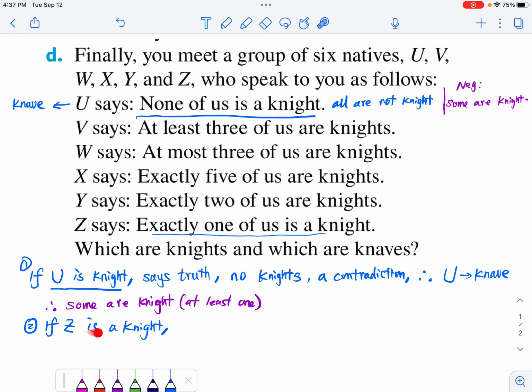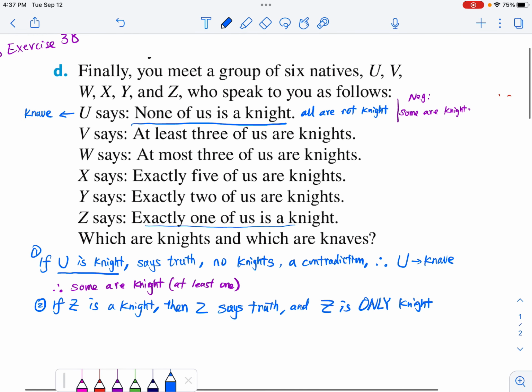Because we assume Z is a knight, then Z is the only knight. Now, Z is the only knight. Then it seems like that's it. We cannot really go anywhere at this point.